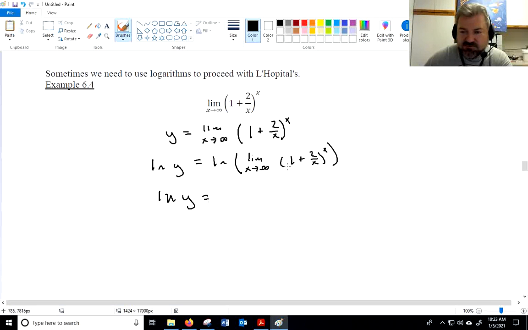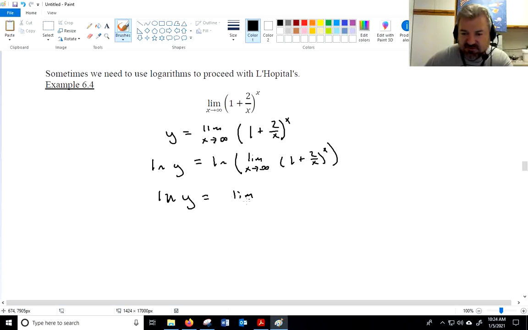Well, using some limit properties and some log properties, I can say that we have a limit of a composite function. So I can take the limit of the inside, and then I can use my logarithm property, and I'm going to bring this x down in front.